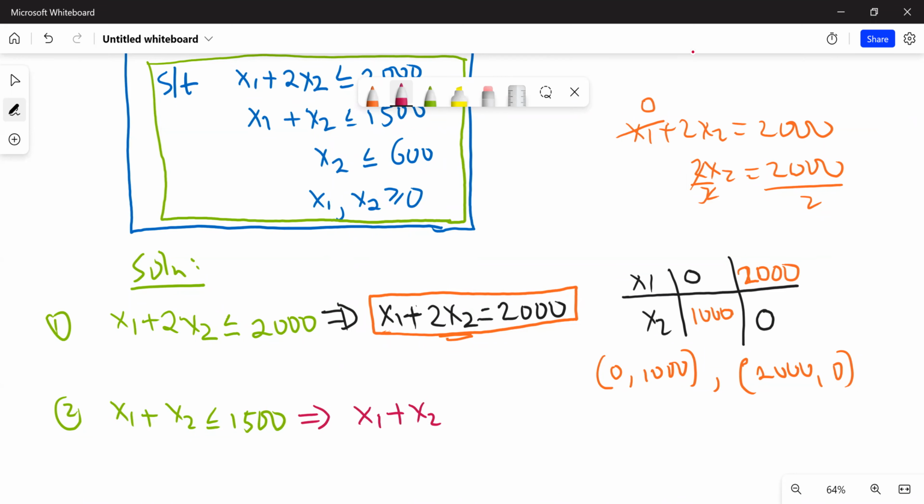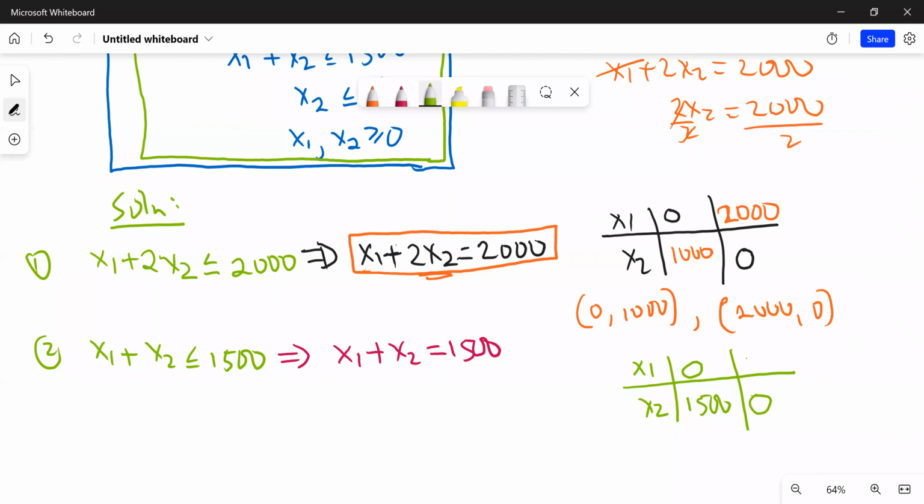Similarly, we need 2 points through which this line passes. If we set x1 to 0, then x2 is 1500. If we set x2 to 0, x1 is also 1500. So this line is passing through (0, 1500) and also through (1500, 0).